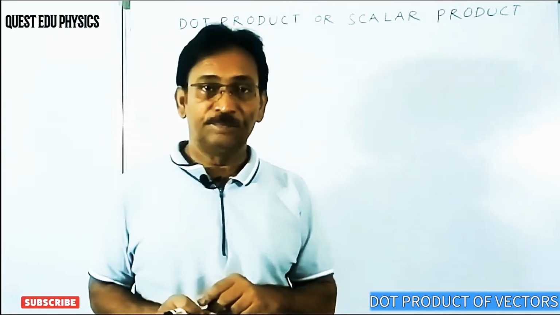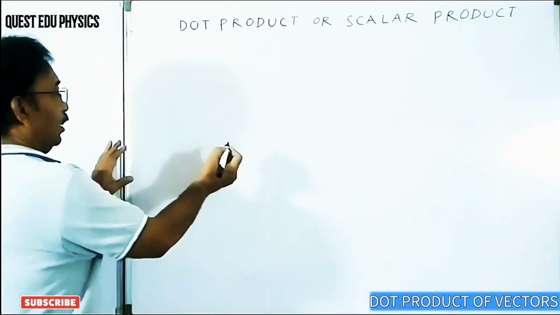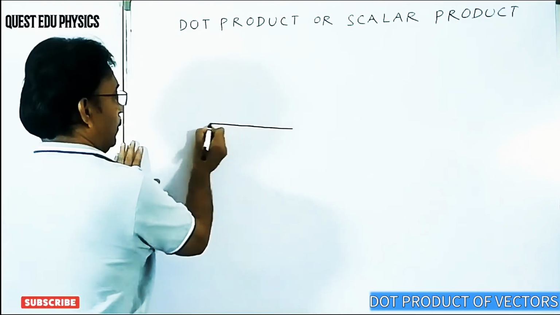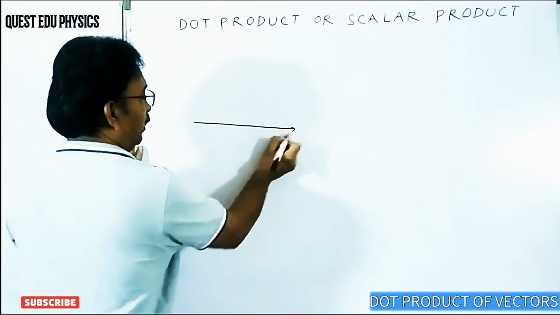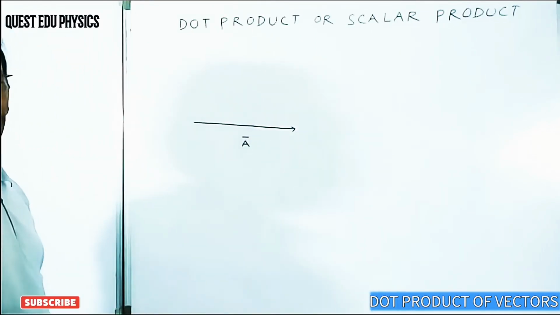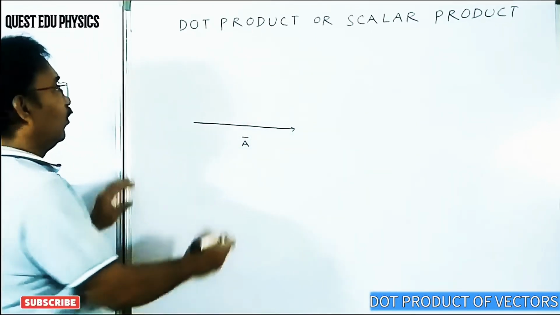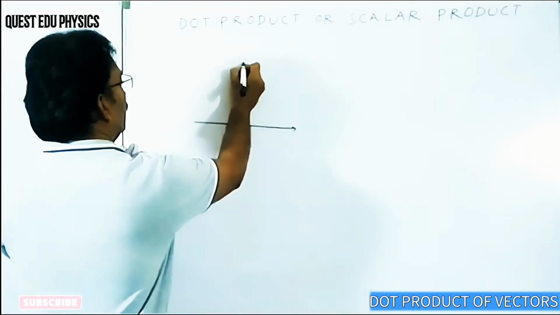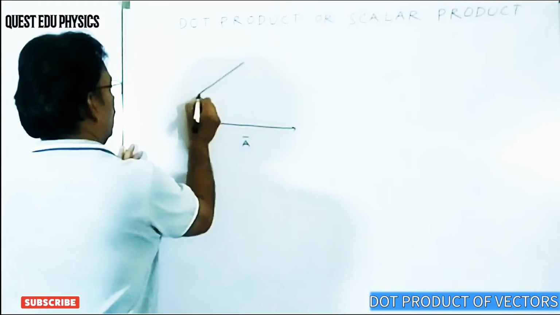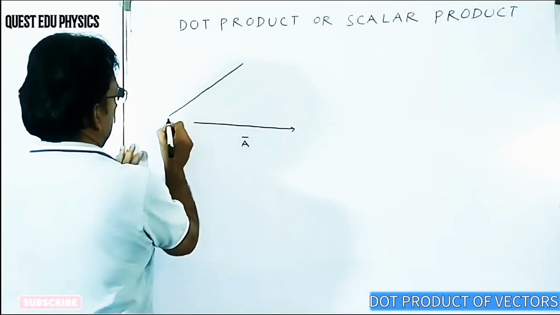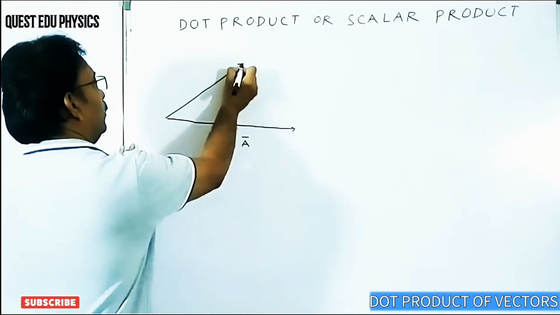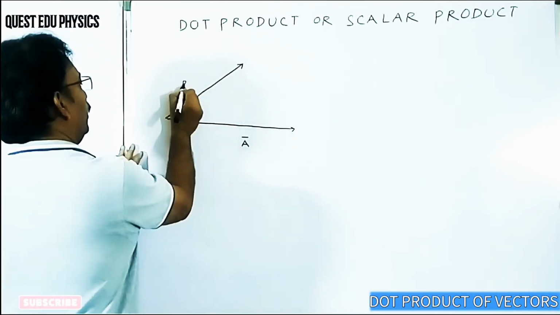To understand this, here we are taking a vector, say vector A, and we have one more vector, say vector B, and we join both.